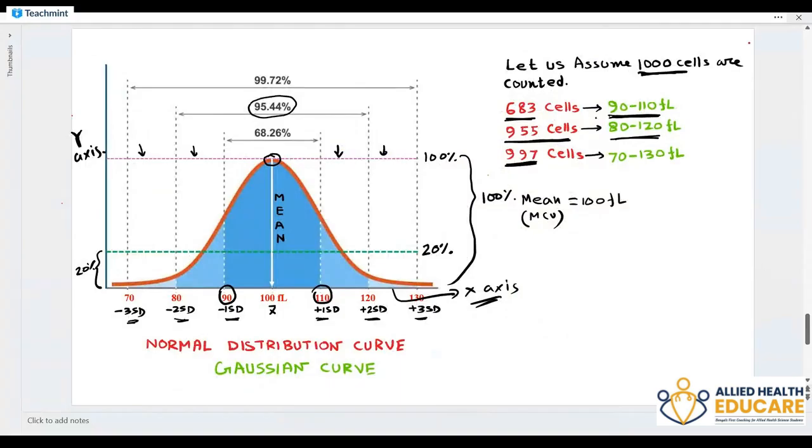In the case of this picture, 1 SD means this portion. Let me show you. This portion is called 1 SD.